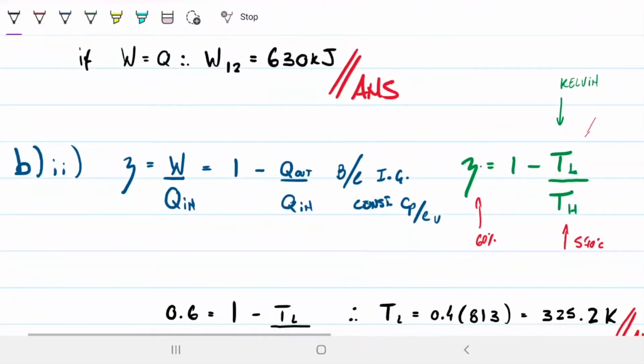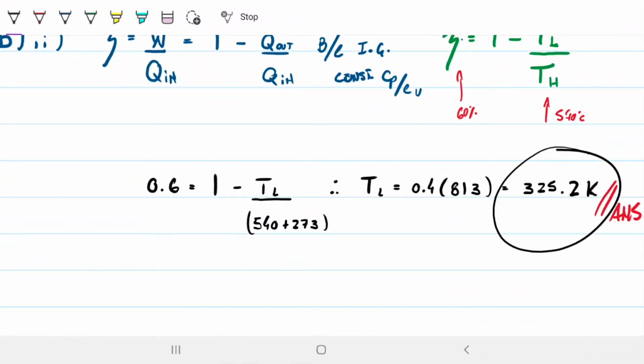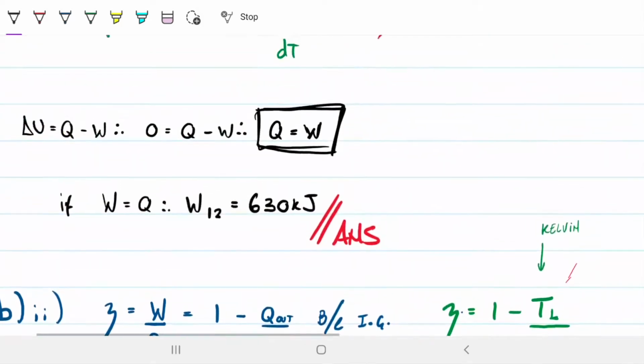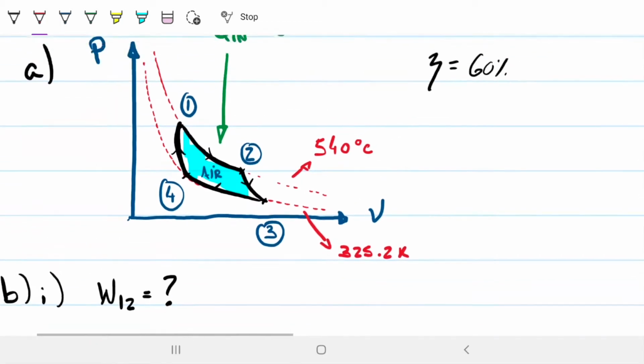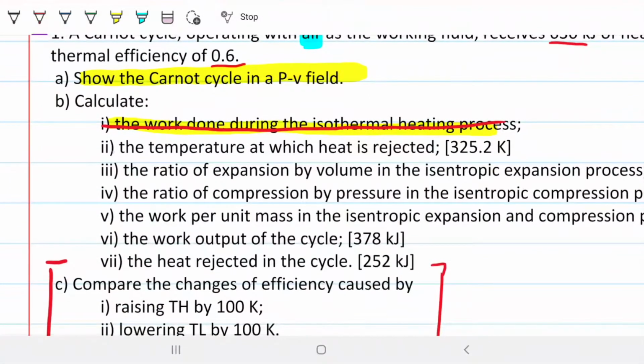So we just found out that because of all these considerations and because this is a Carnot cycle, this guy here, the lower one, is 325.2 Kelvin, and this one here we already knew. Okay, cool. Let's go to the next part.